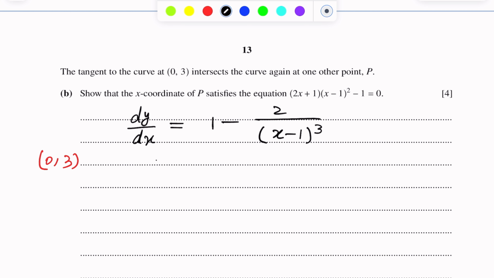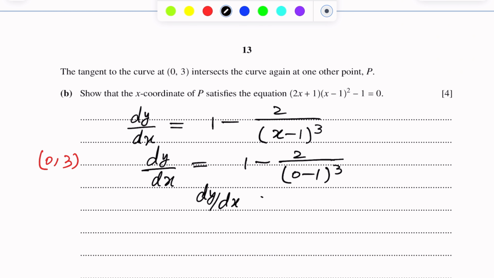So the gradient dy over dx is 1 minus 2 over (0 minus 1) to the power 3. From here we get dy over dx, that is the gradient of the tangent, equal to 3.